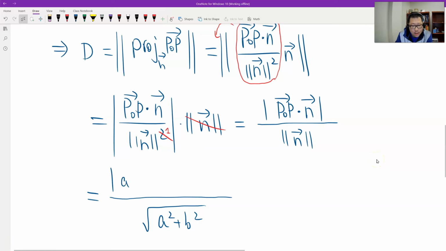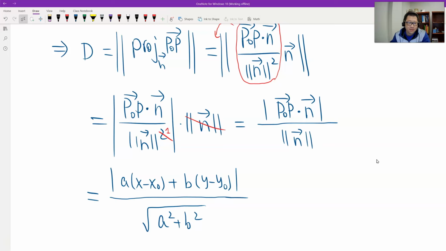Which is a times x minus x0, plus b times y minus y0, for the absolute value. Almost. Because xy is just the point that we make, a general point. We don't know what x is, what y is. We have to take it away.